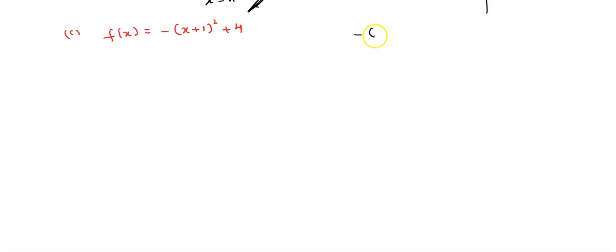Okay, minus x plus 1 whole square plus 4. Let me take it in the bracket: a plus b whole square is a square plus 2 into a into b plus b square. It is in this form, x plus 1 whole square, then we have plus 4. Before this, let me close the bracket. So this is my x plus 1 whole square.